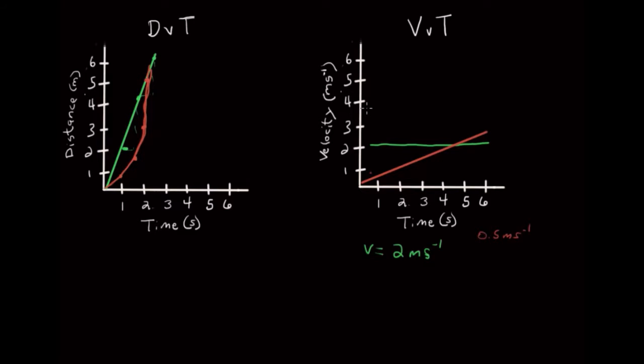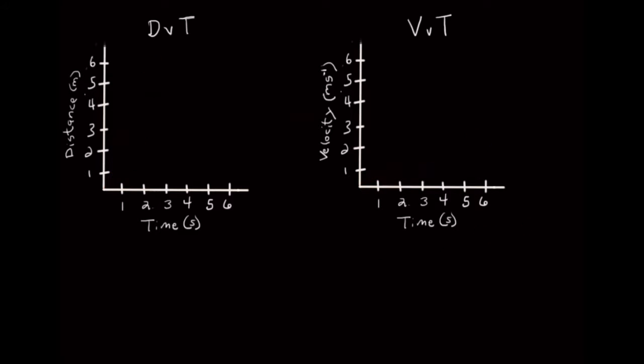Now, if I'm slowing down, if I've got a negative slope and I'm slowing down each second, let's say I'm slowing down. Each second I'm going to cover less distance because I'm slowing down until I stop, right? So I've gone some distance from my starting point.